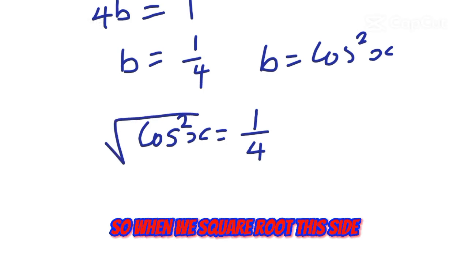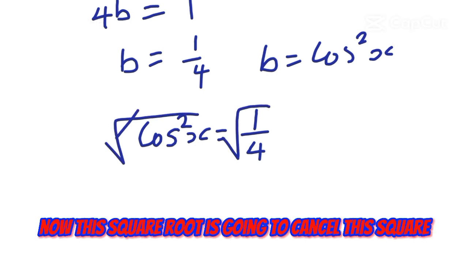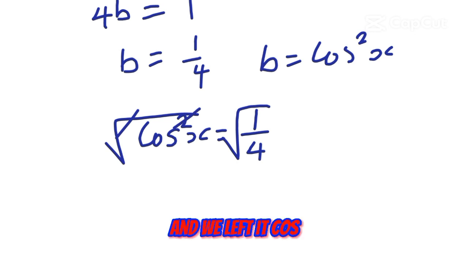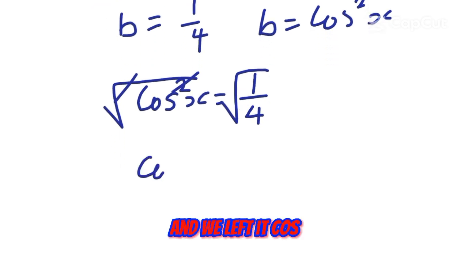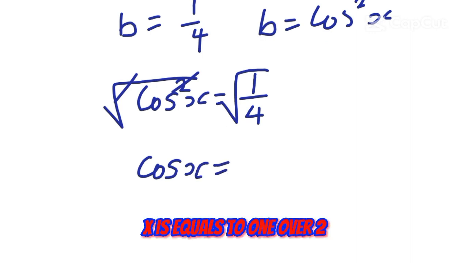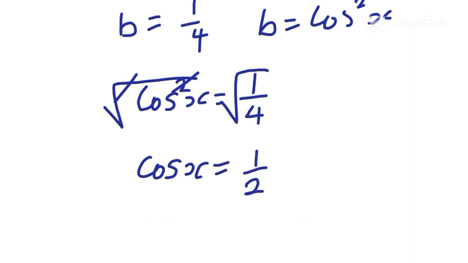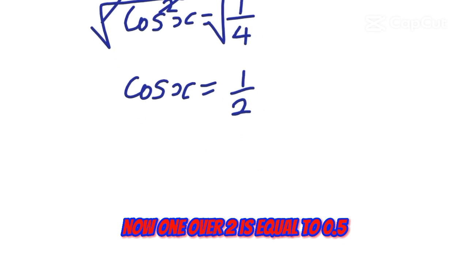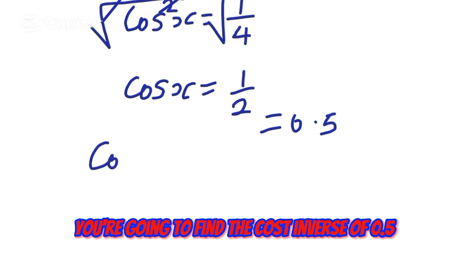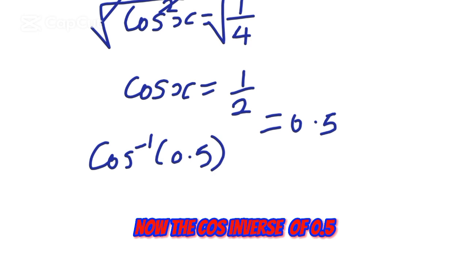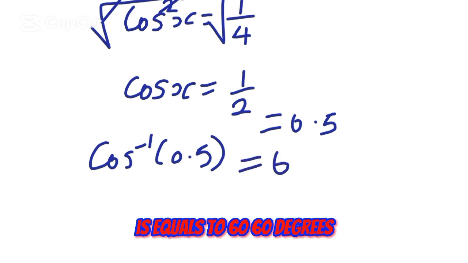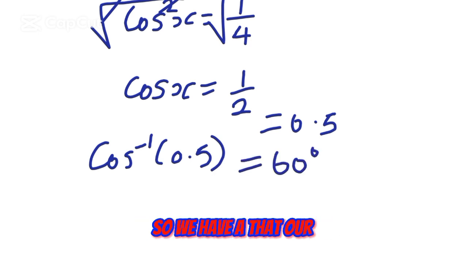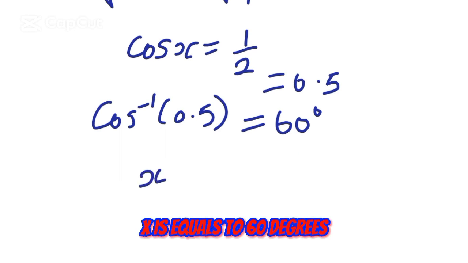So when we square root this side and square root this side, this square root is going to cancel this square, and we'll be left with cos x is equal to 1 all over 2. Now 1 all over 2 is equal to 0.5. So to solve for x, we are going to find the cos inverse of 0.5. Now the cos inverse of 0.5 is equal to 60 degrees. So we have that our x is equal to 60 degrees.